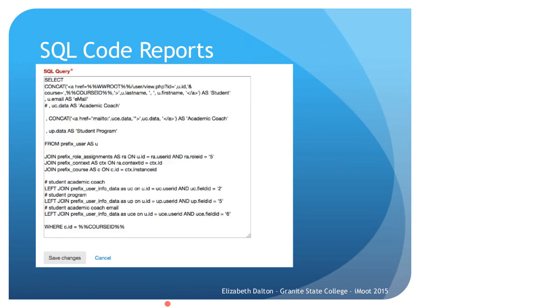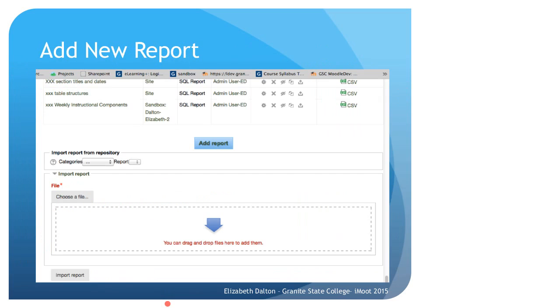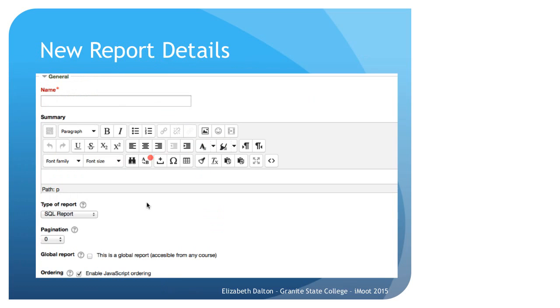So if you create a user type report, you can then create a course report and pull in details from the user type report. So that's one of the things that you can do with the form-based reports.